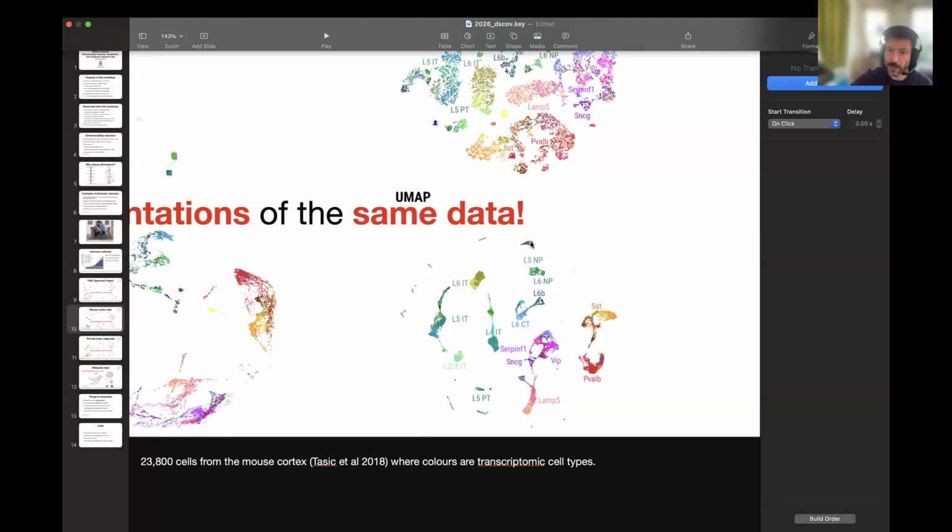The trade-off with UMAP is that it can be overly discretized. So you see little floaters over here. These can be totally broken off sometimes. So if you have really unbalanced population sizes in cells or whatever it is, what UMAP can do is it can actually really pull them away.